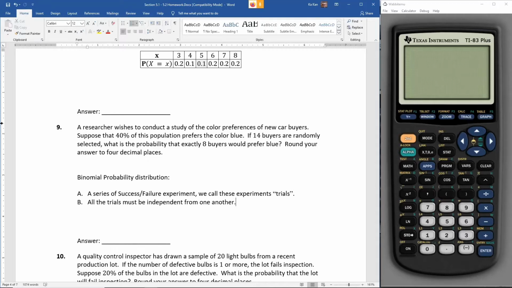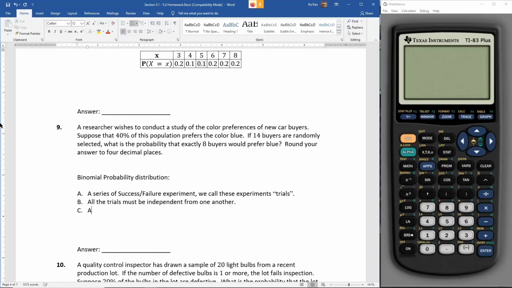If you buy 10 of them from different buyers, you will have 10 different trials. You might have 5 not working, 6 not working, or maybe 1 not working. But one calculator not working doesn't mean the other one's not going to work. They are independent. So you got to make sure all the trials must be independent.